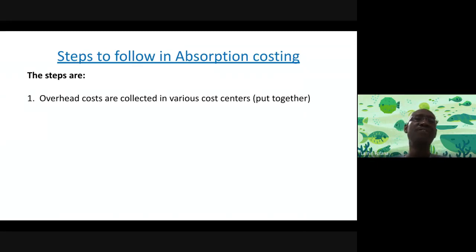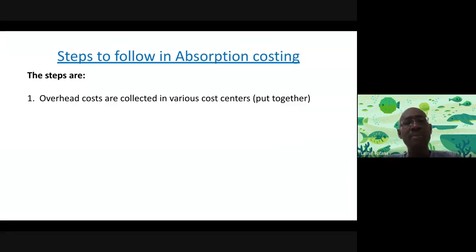We're going to go into absorption costing now. So how do we do absorption costing? We have some steps that we need to follow. The first step is we look at the overheads.